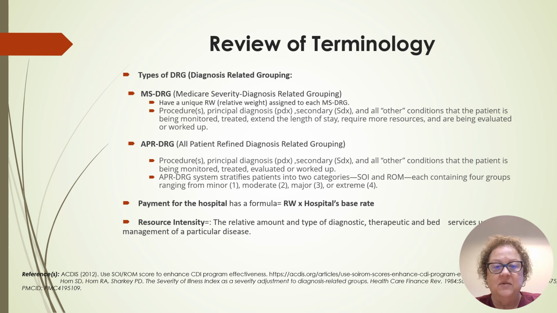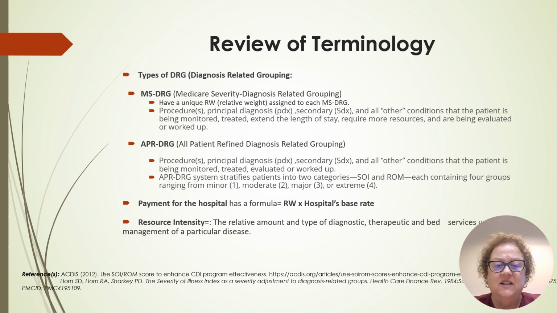Specific to this system is the assignment of patients into a severity of illness category and risk of mortality category. Each of these two categories, severity of illness and risk of mortality, contain 4 groups ranging from minor classification 1, moderate classification 2, major classification 3, and extreme classification 4. And reminder that the payment for the hospital has a formula of relative weight times hospital base rate.